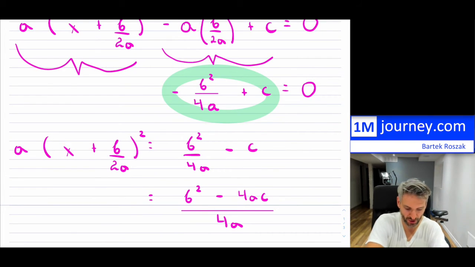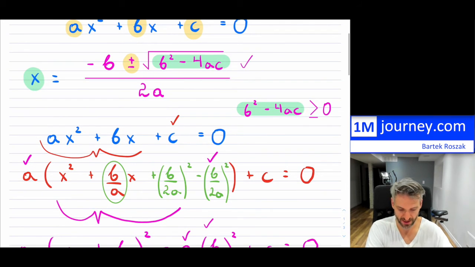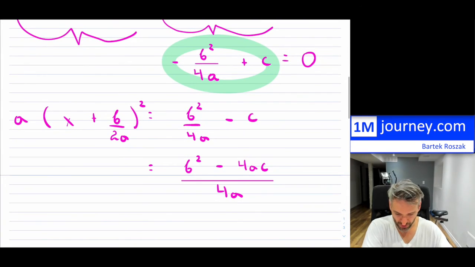So that's the common denominator. And you can see this is slowly coming into place, right? We see this b squared minus 4ac, which we saw right there in the formula. So I'm up to this point.